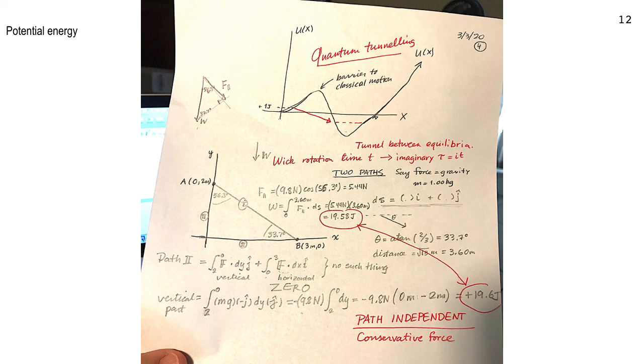So the distance is square root of 13, which is 3 point something. 3.6 meters. All right.